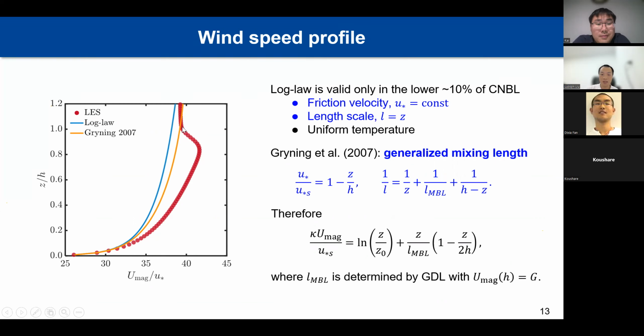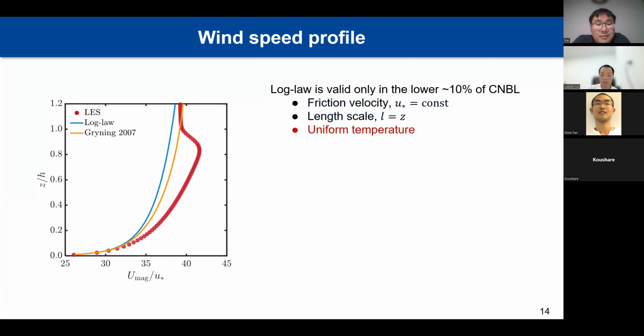We call this shape a low-level jet, because you see there is a peak. That means the wind speed is larger than the geostrophic wind speed. So there is another way to try to extend the log law above the surface layer, that is, by accounting for the non-uniformity of the temperature distribution.